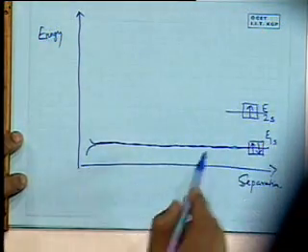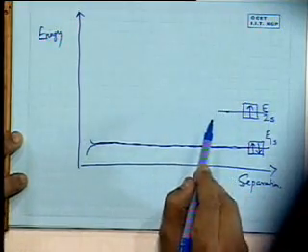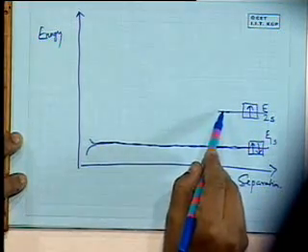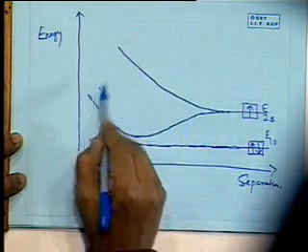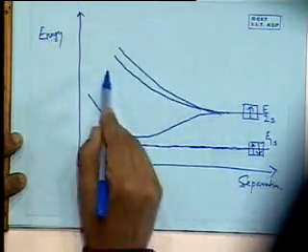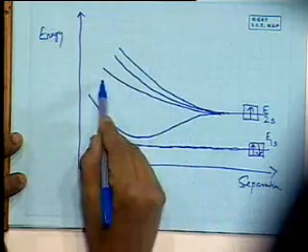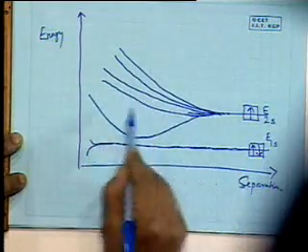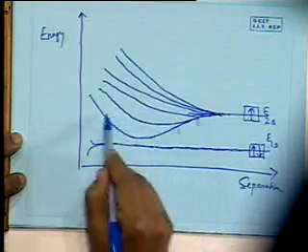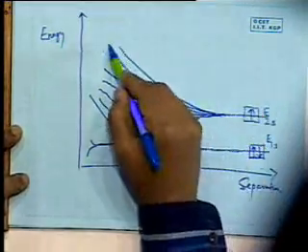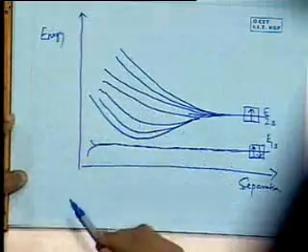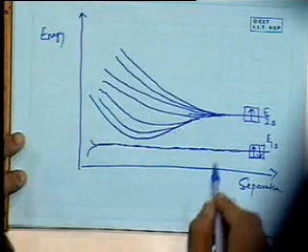And there, how many electrons do I have? 1 electron. And as I bring these together, there are n atoms, and as I bring them together, I will have something that looks like this. Pardon the drawing, not very skillful, but you get the idea. There are n levels that are closely spaced. Okay?